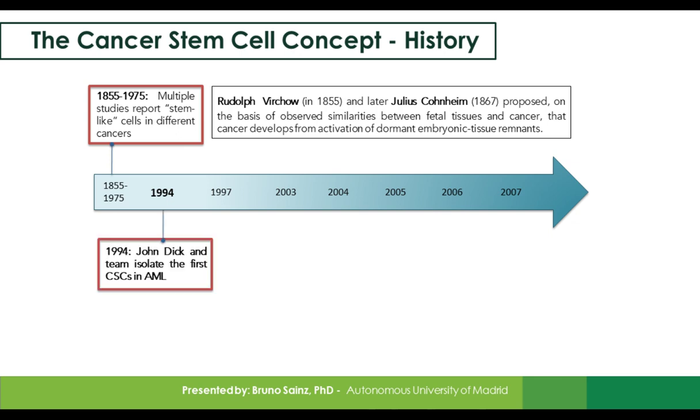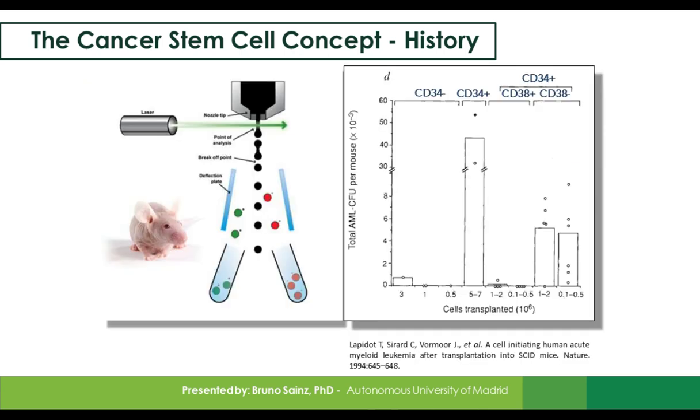Since then, it took about 100 years to officially isolate and identify cancer stem cells. And this was due to the efforts of John Dick and colleagues in 1994, where they, for the first time, were able to isolate and purify cancer stem cells from acute myeloid leukemia, AML. Now, this very important discovery was based on the availability of 2 important techniques.